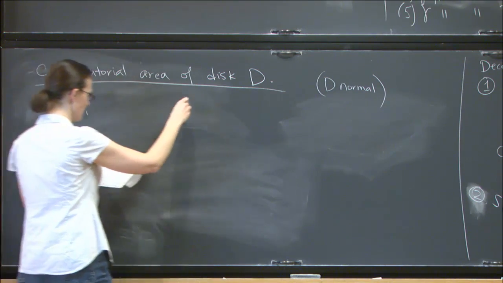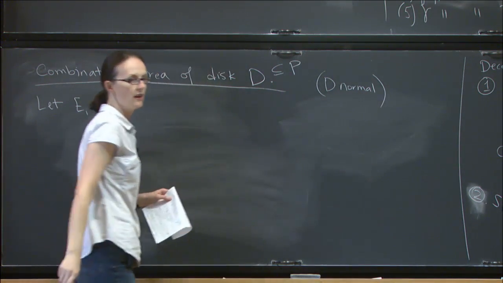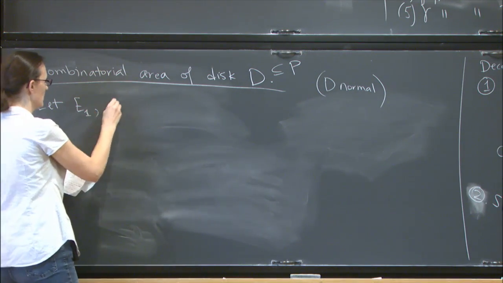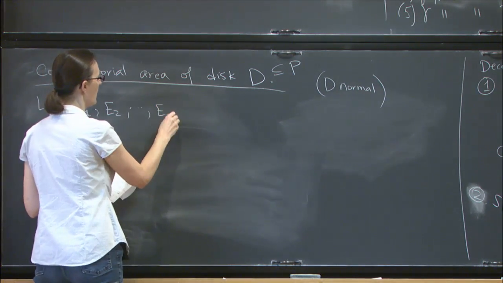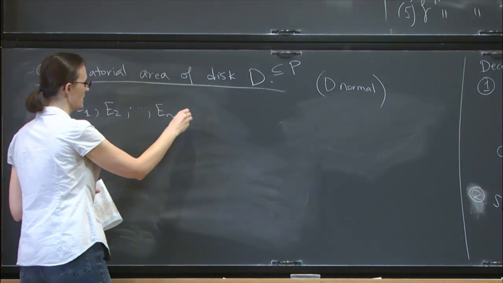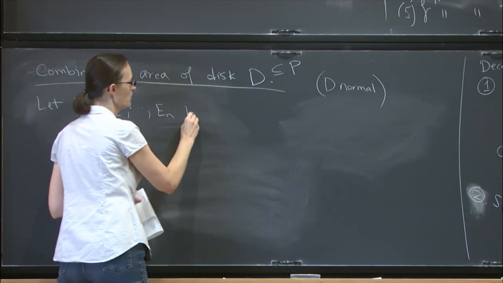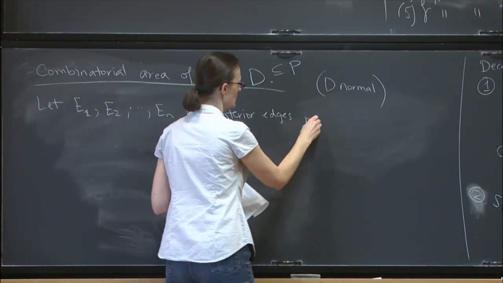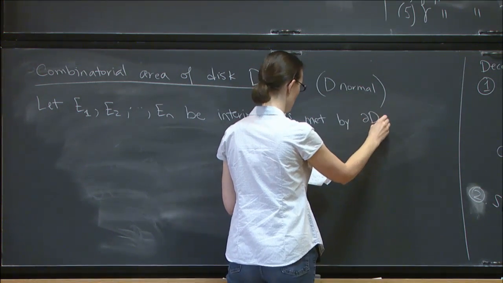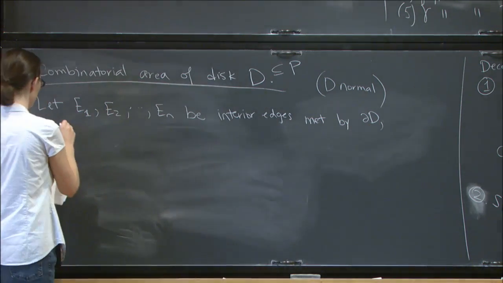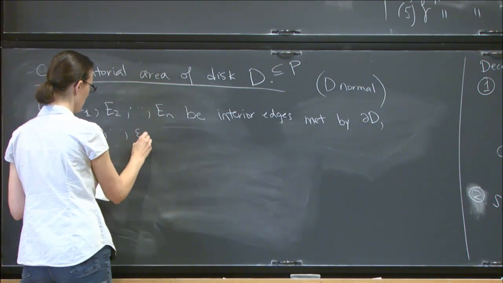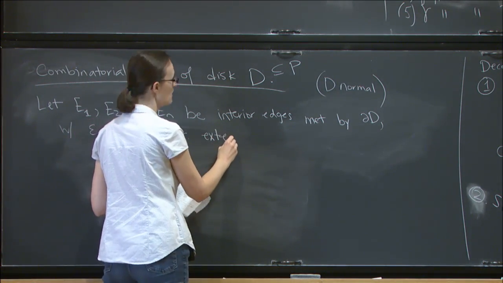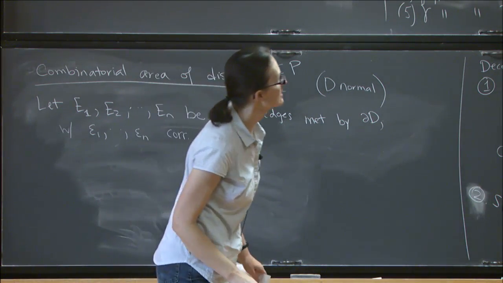So if you have a disk sitting inside of a polyhedron, so the same truncated ideal polyhedron, and the boundary of your disk meets some edges. So let E1 through En be the interior edges met by the boundary of D, with the corresponding exterior angles.